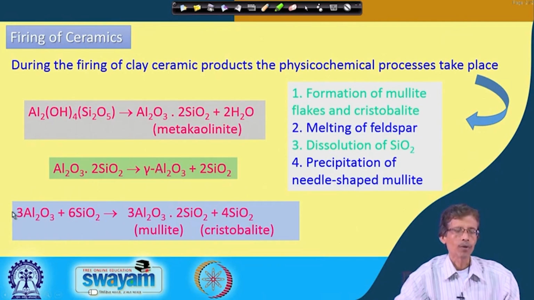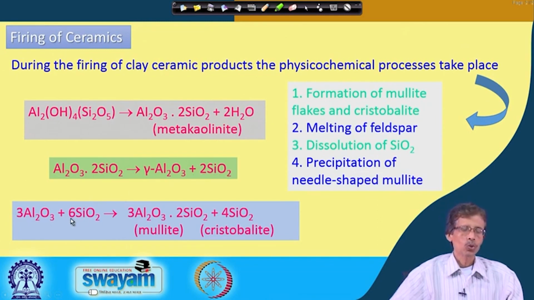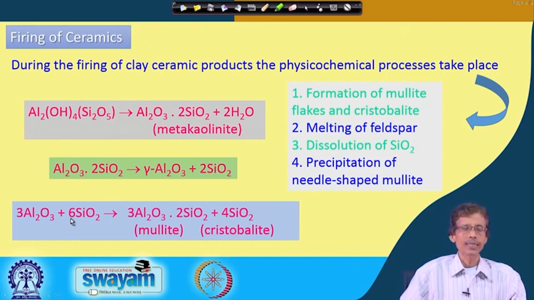The gamma form of this Al2O3 is then mixed with a further amount of SiO2. So, the stoichiometry is now changing, it is still 1:2, but 3 units of Al2O3 are reacted with 6 SiO2 units, giving you two individual phases.